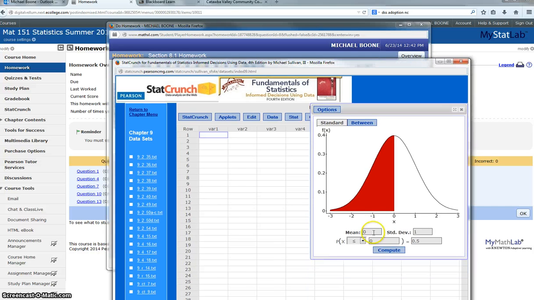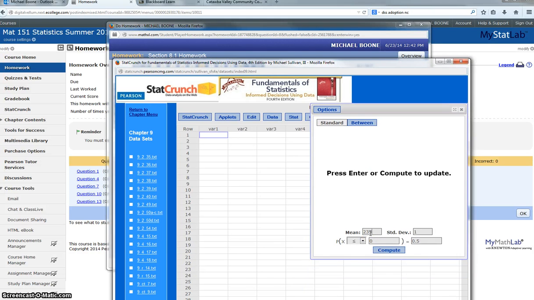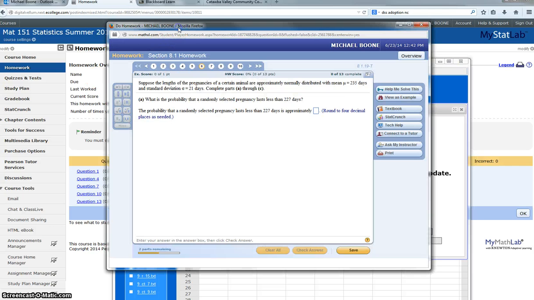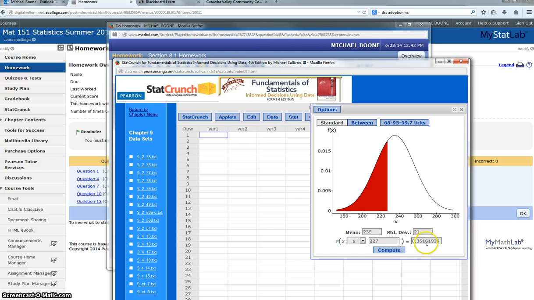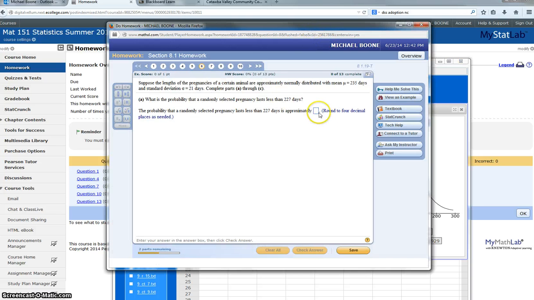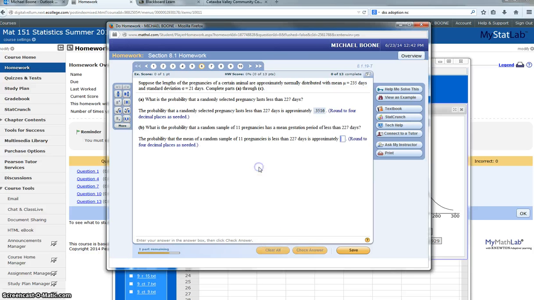And then they want to know less than 227. And there I go. That's my answer. That's what we did in chapter 7. So 0.3516. Good. That's what we got previously.